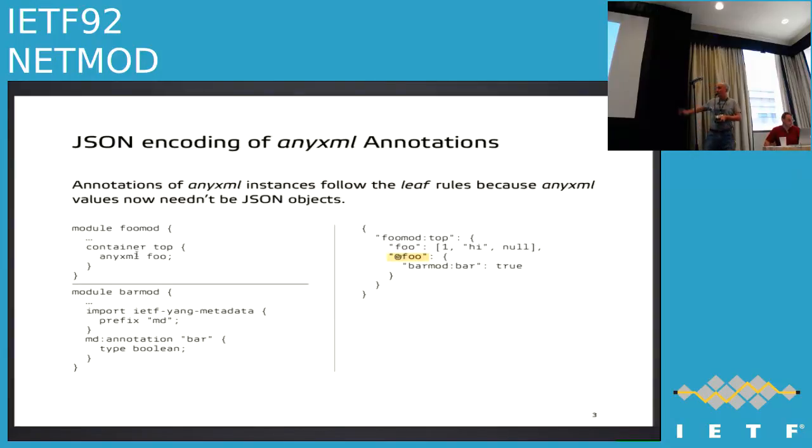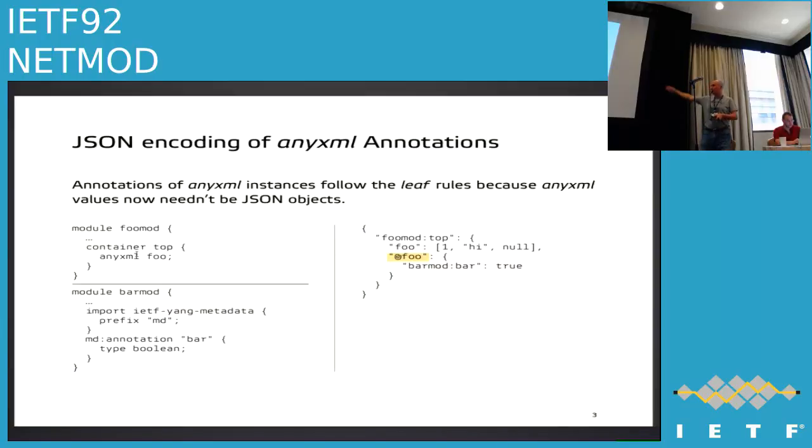And here on this second and last slide, you can see the change in the encoding of anydata XML, and that change was necessary because in the last revision of the JSON encoding draft, anydata could be any JSON value, so it can also be a scalar value, and it means that we have to encode annotations in the same way as we encode annotations for leaves.